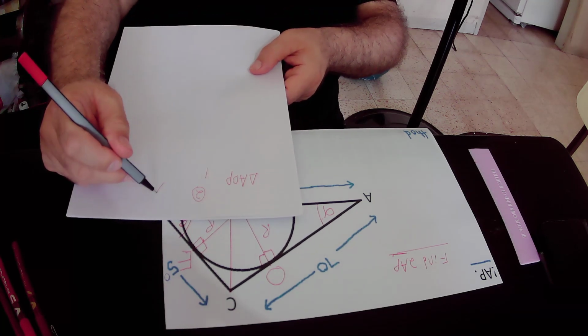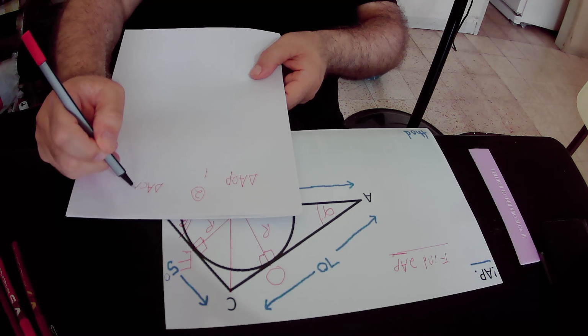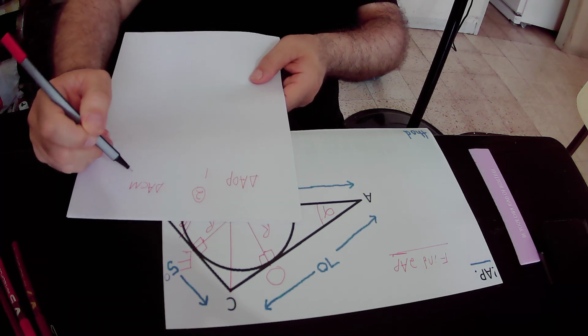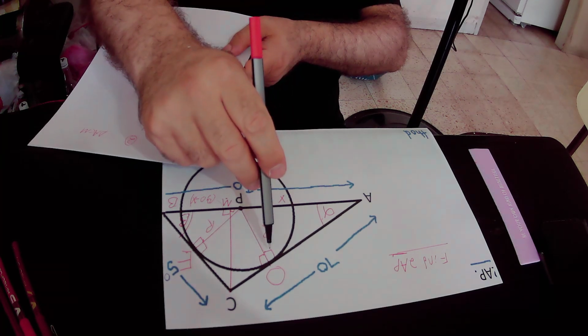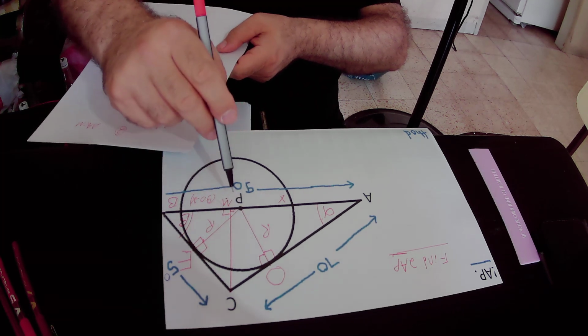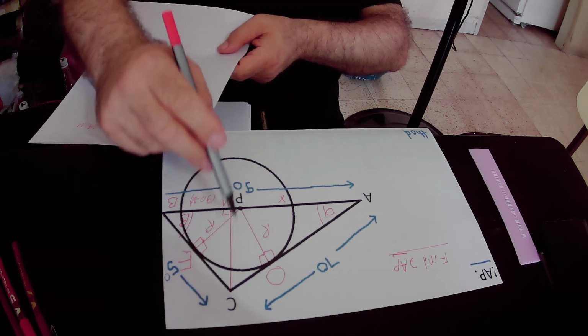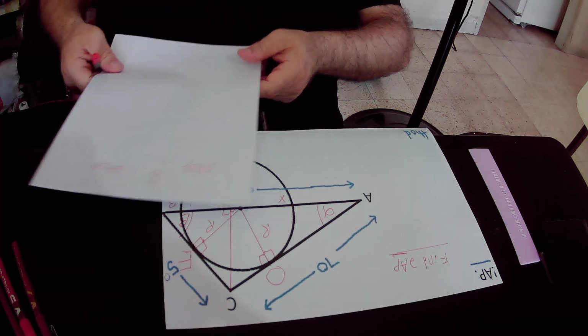Both of those triangles are right triangles. I've already explained, triangle AOP is a right triangle. Here is 90 degrees. And triangle ACM has 90 degrees because angle CMA equals 90 degrees.